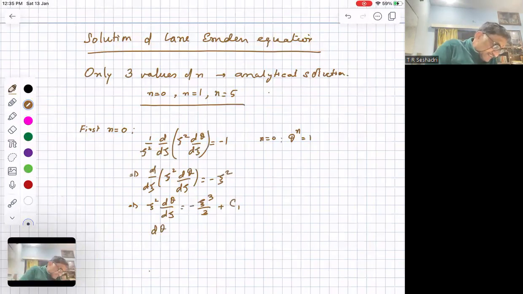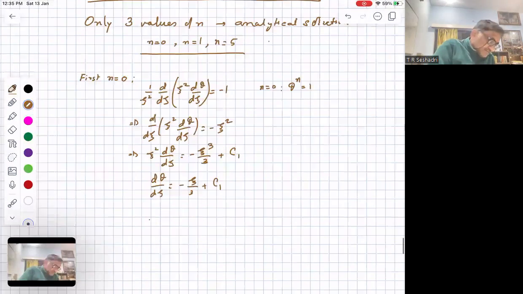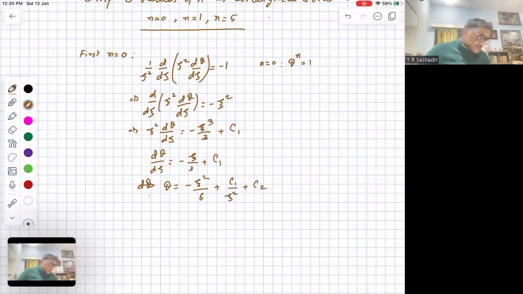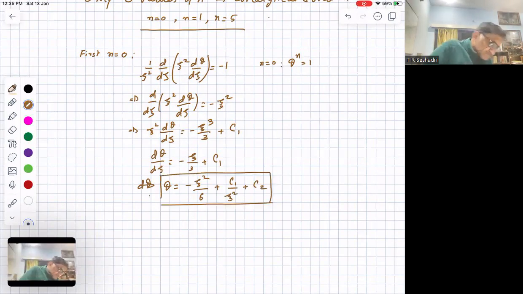And so d theta by d xi is equal to minus xi by 3 plus C1 by xi square, giving theta is equal to minus xi square by 6 plus C1 by xi plus C2. Are you with me? Yes.